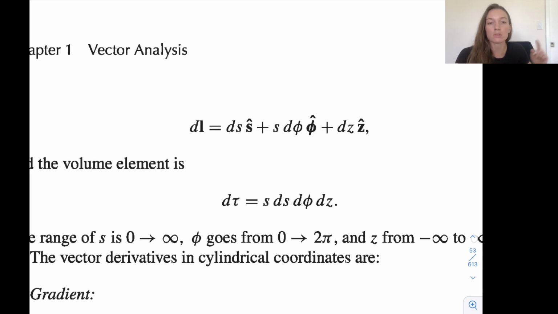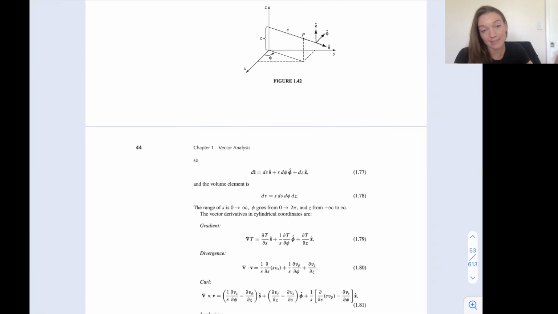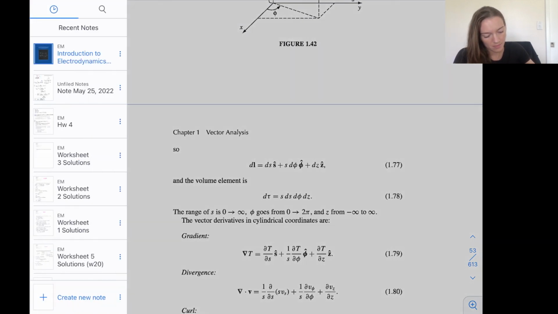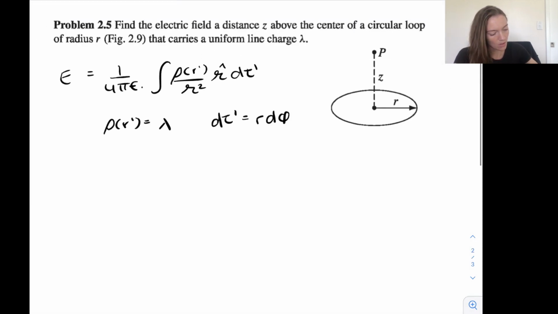So if you're integrating with respect to d phi, you have to do r d phi or s d phi. I use r instead of s, so I have to put in that extra r there. So that's actually my integration, not just d phi. Okay, so now we have that.